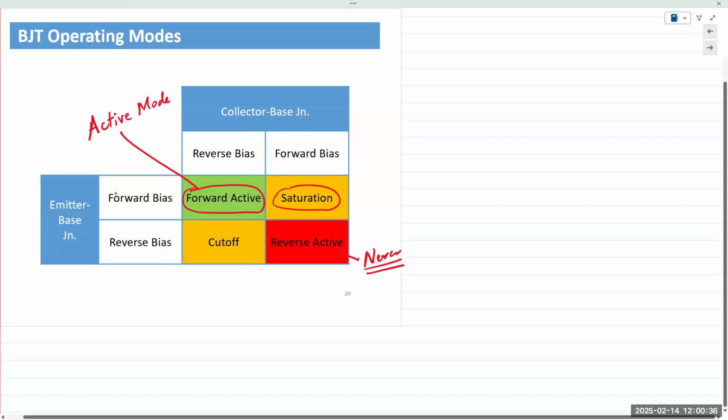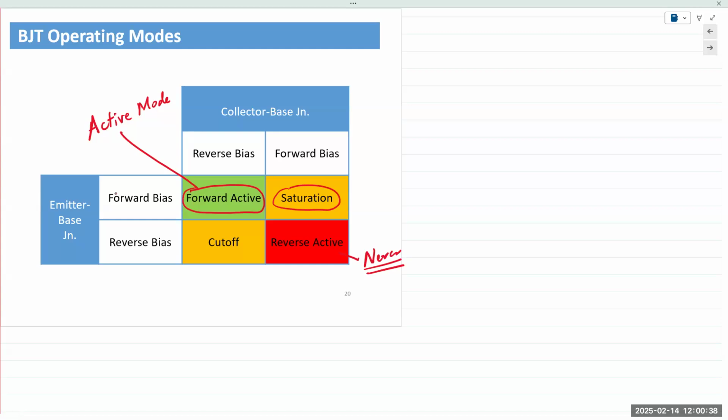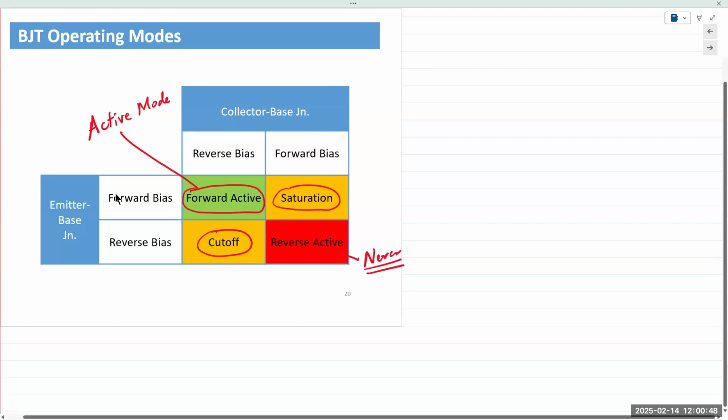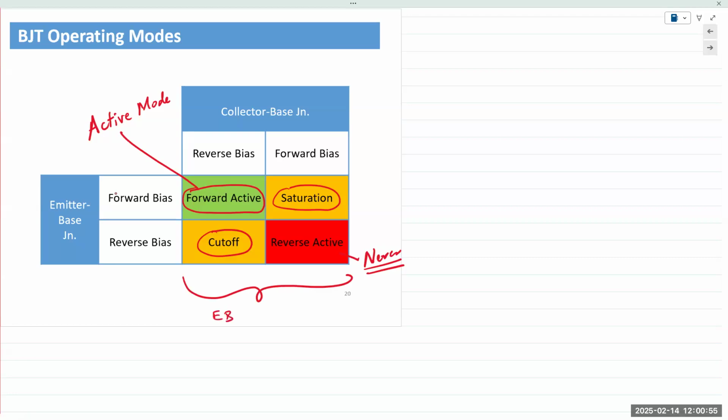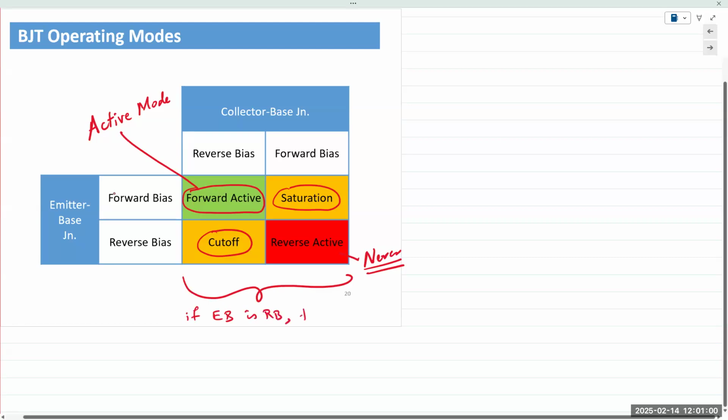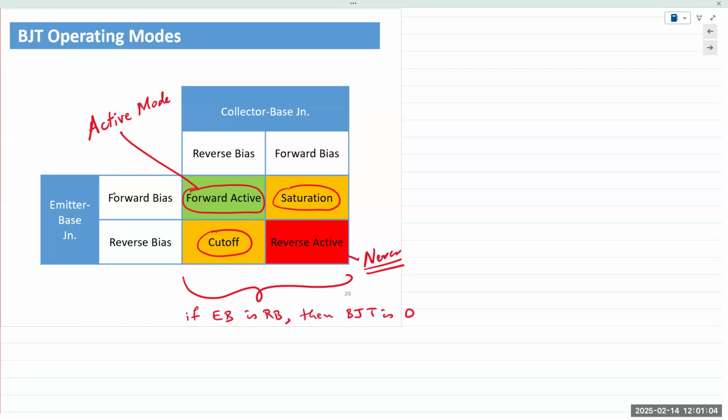And when the emitter base junction is reverse bias, it's cut off. So the most important takeaway from this table is that the emitter base junction must be forward bias. If the emitter base junction is reverse bias, then the BJT is off. You can't do anything useful with it.